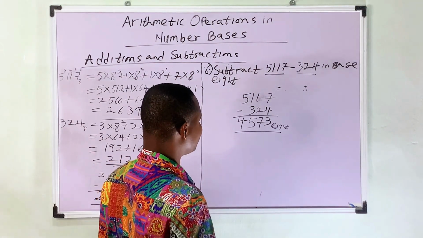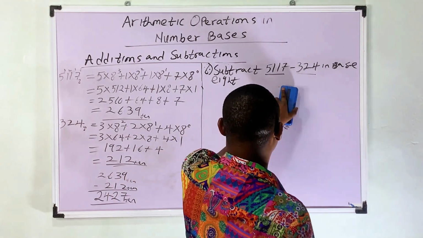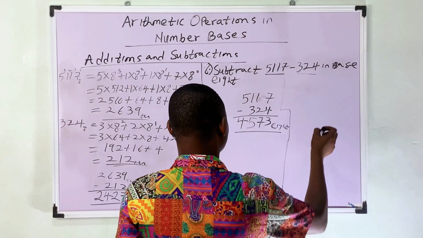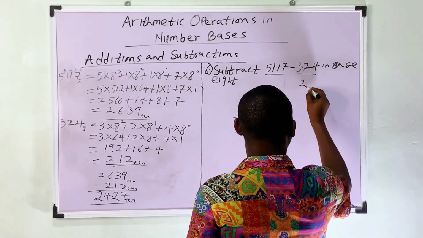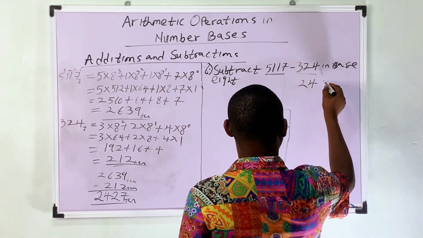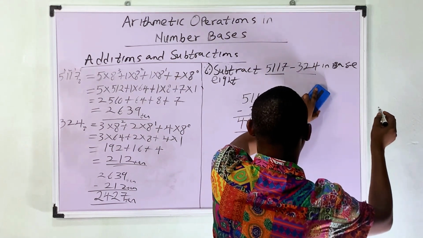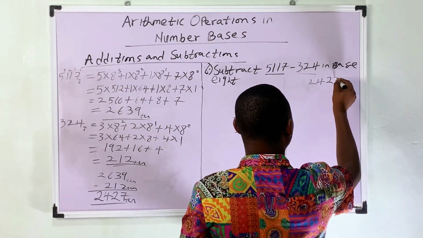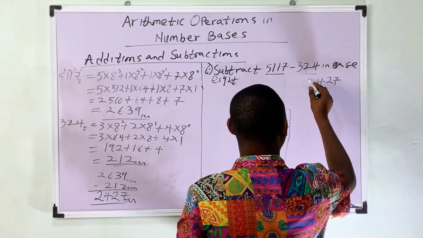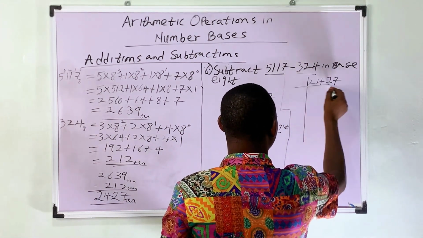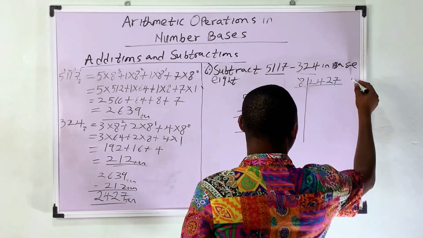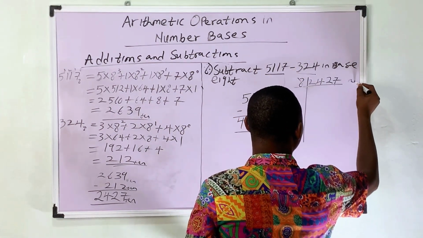Don't forget, let's do it here so that we'll be able to compare our answer easily. 2427 in base 10, we want to convert it to base 8. Then we divide by 8. Then we record the remainder here.